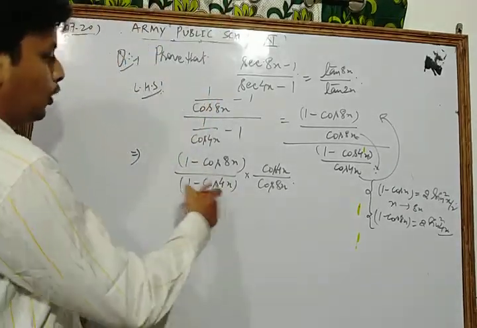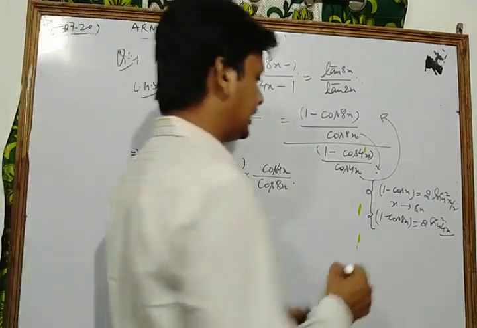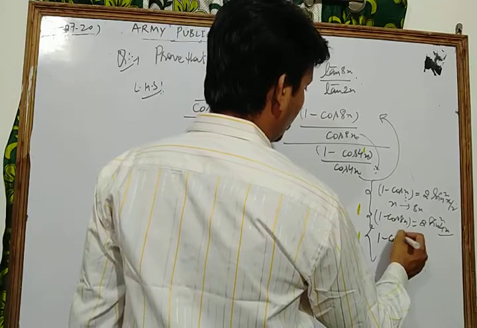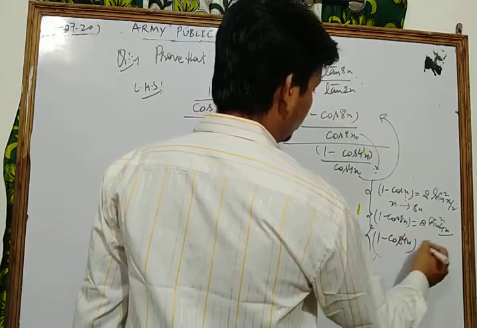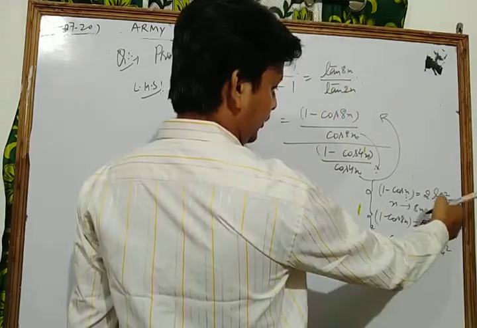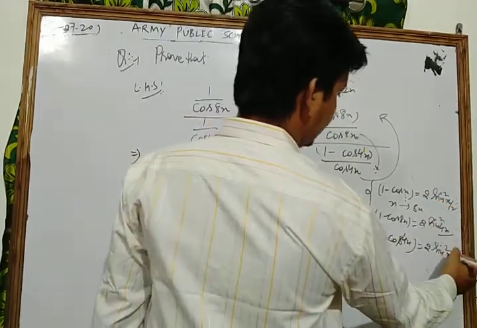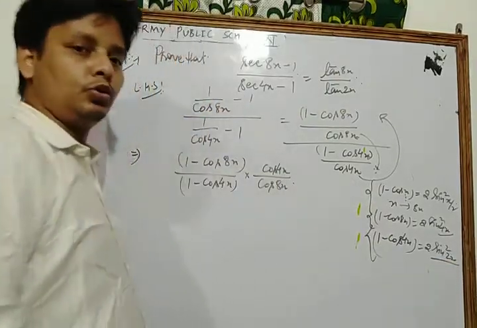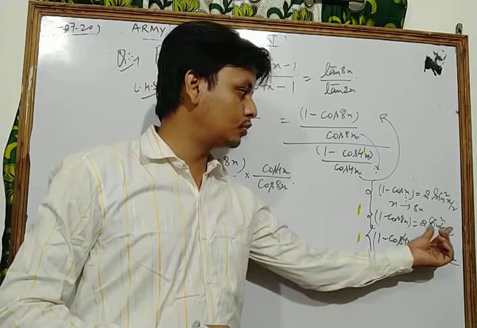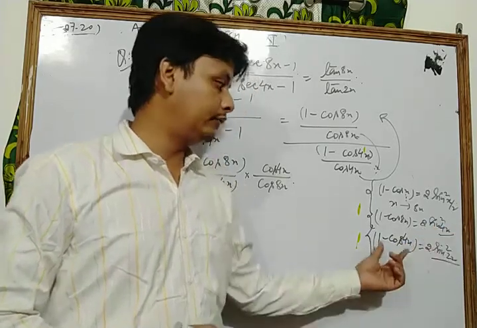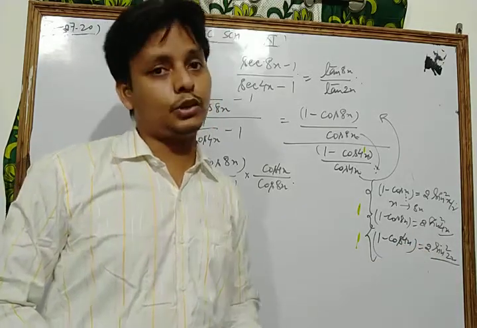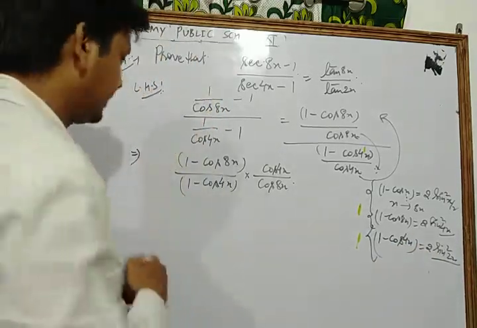Similarly, 1 minus cos 4x: if we replace x by 4x, we get 2 sin square of 4x by 2, that is 2x, so 2 sin square 2x. So we use 1 minus cos 8x as 2 sin square 4x, and 1 minus cos 4x as 2 sin square 2x.